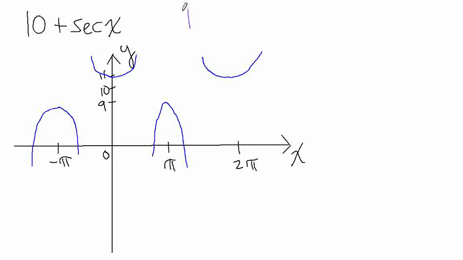So the period is the same period as for the regular secant graph, which is 2 pi. Okay, and again we have no amplitude, so that's that.